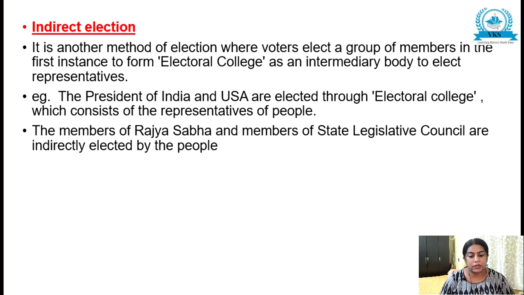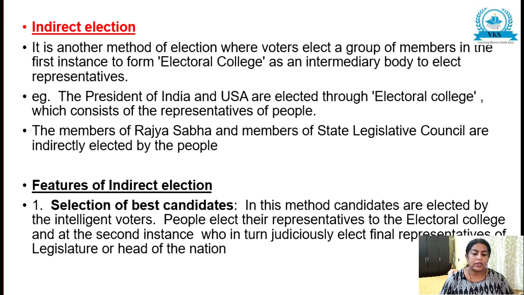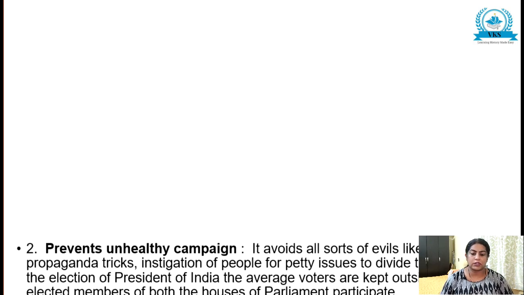The members of Rajya Sabha and members of State Legislative Council are indirectly elected by the people. Features of indirect election. Selection of best candidates. In this method, candidates are elected by the intelligent voters. People elect their representatives to the electoral college, and in the second instance, they in turn judiciously elect the final representatives of legislature or head of the nation.